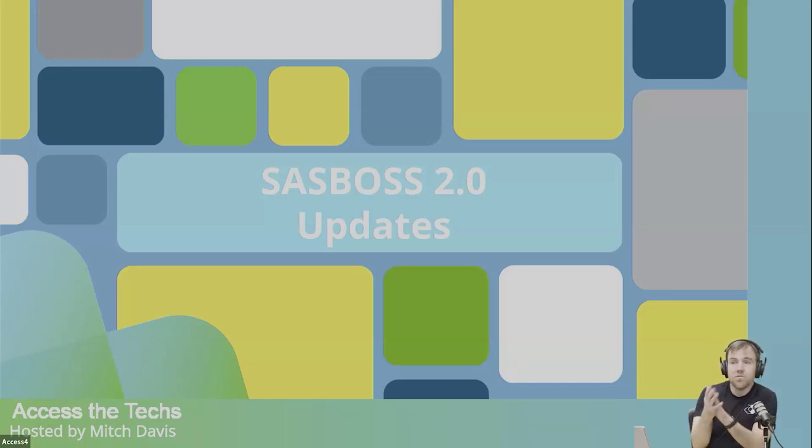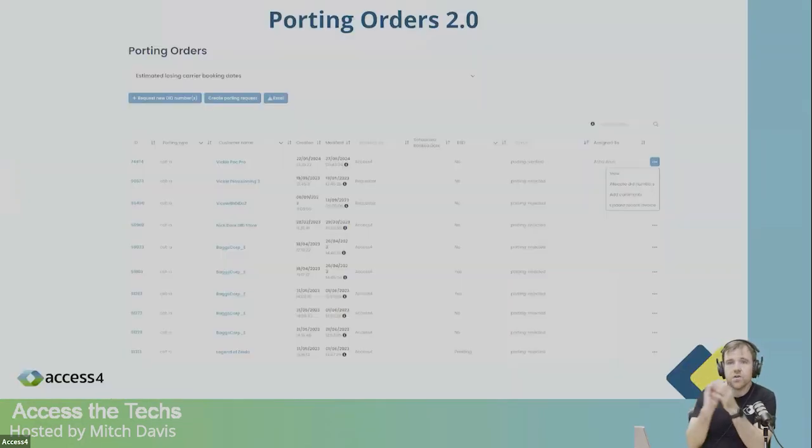But most of the changes happening here are around porting. We changed our porting form, the form for submitting a port, a while ago. Got some updates there, but some other updates coming as well. That looks very washed out from my side of things.